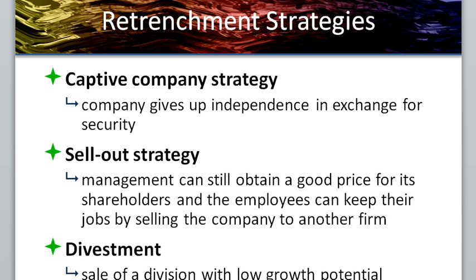The sellout strategy makes sense if management can still obtain a good price for its shareholders and the employees can keep their jobs, selling the entire company or division to another firm in hopes that the other company will be more successful in running it than the current company. All right. So those are the sellout strategy and the divestment strategy, which basically just sells off the division altogether.